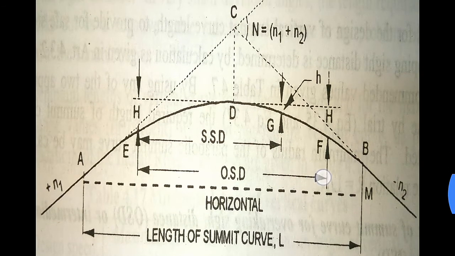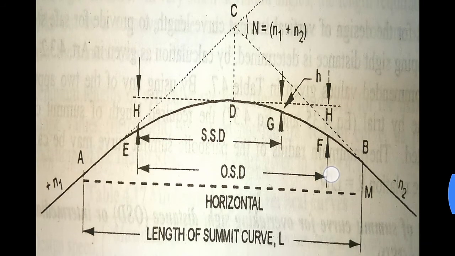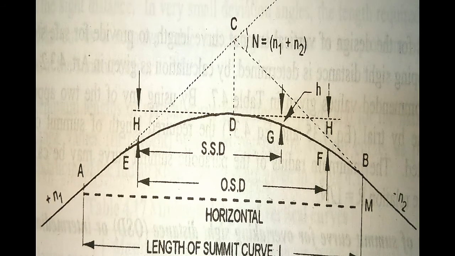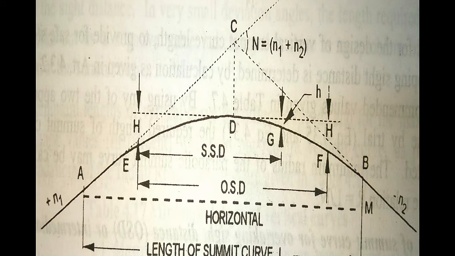We design this curve using both SSD and OSD conditions, and whichever value of the length of the summit curve obtained is higher, we adopt that value as the standard design length of the summit curve.